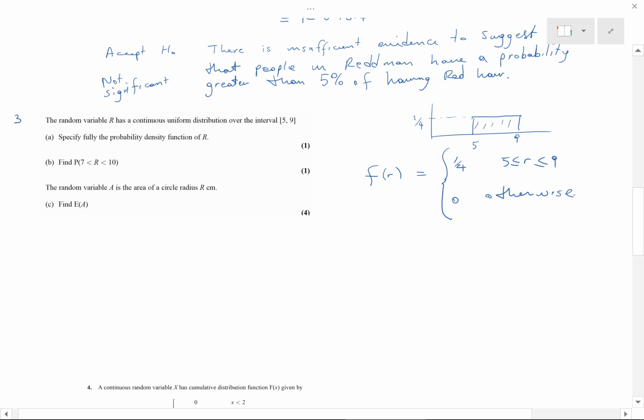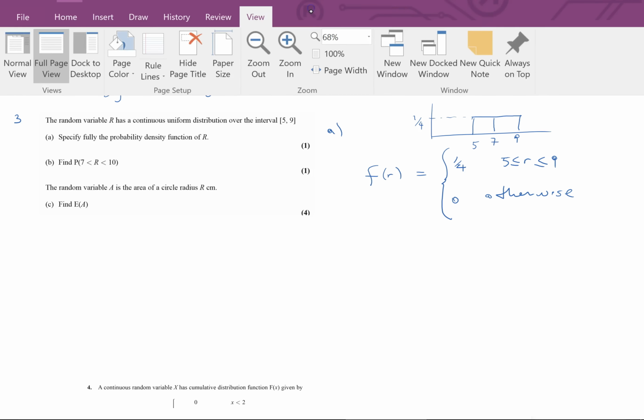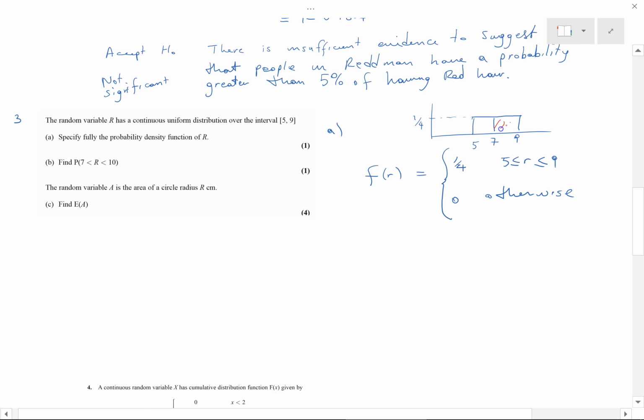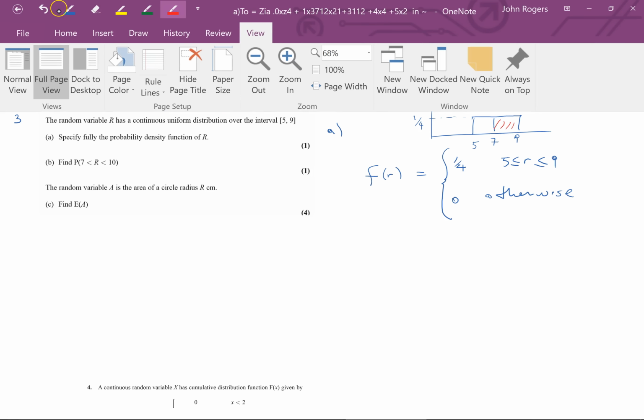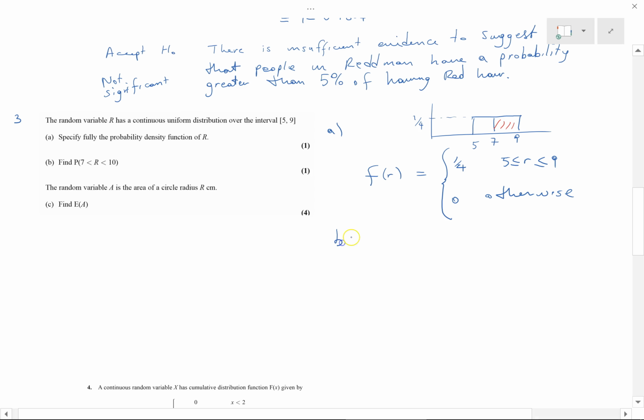Okay, and then another easy 1 mark. It says find the probability that it's between 7 and 10. Well, between 7 and 10 effectively means between 7 and 9 here, because it can't be more than 10. It means this area here. So that's definitely equal to a half.